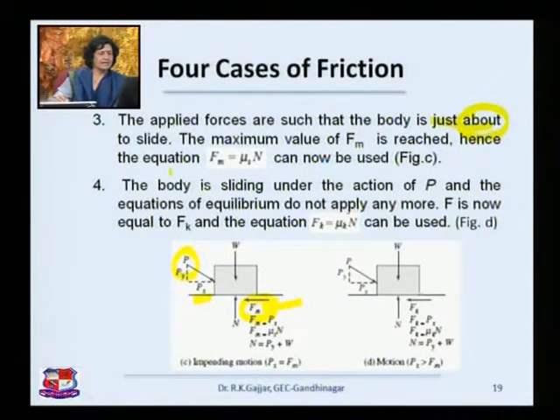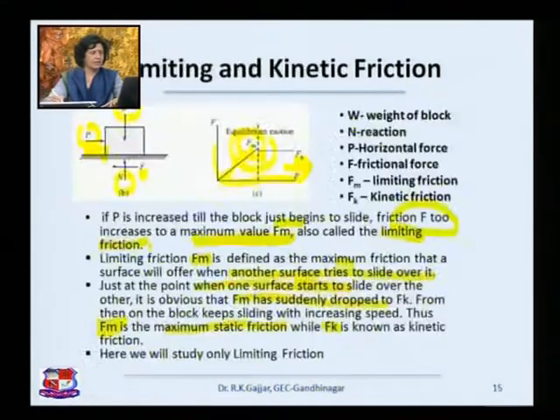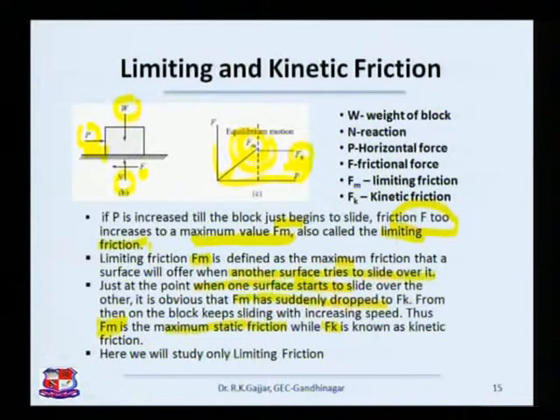That is case 4. The body is sliding. From just about to slide, the condition is now changed. The body is sliding. What has happened? Here, Fm reduced to Fk.